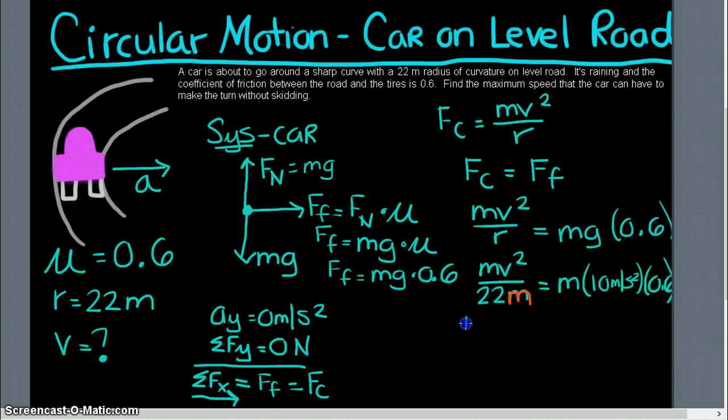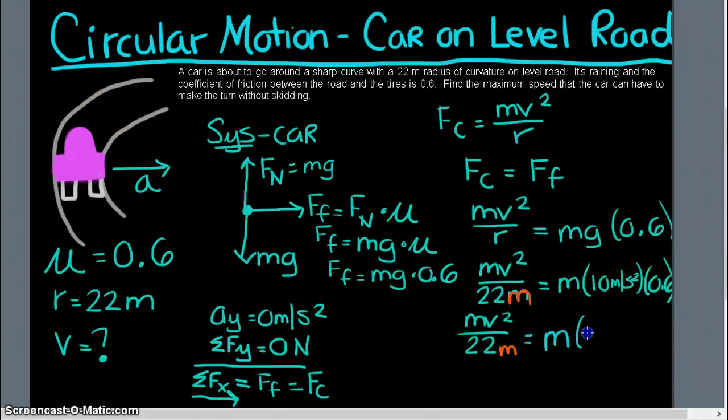So I end up with mv squared over 22 m is equal to m, this m being mass, times 6, since 10 times 0.6 will just give us 6.